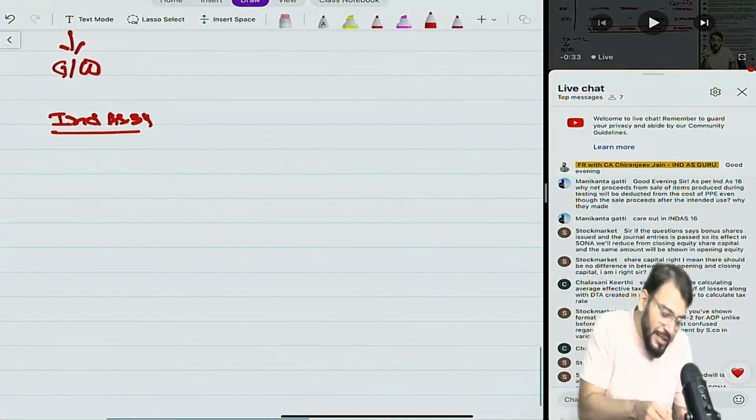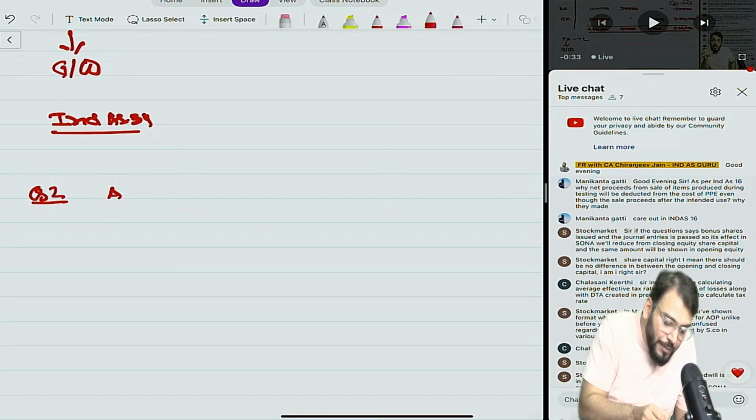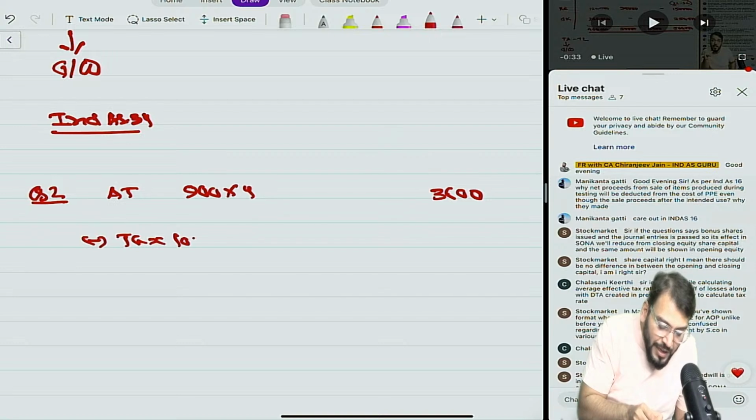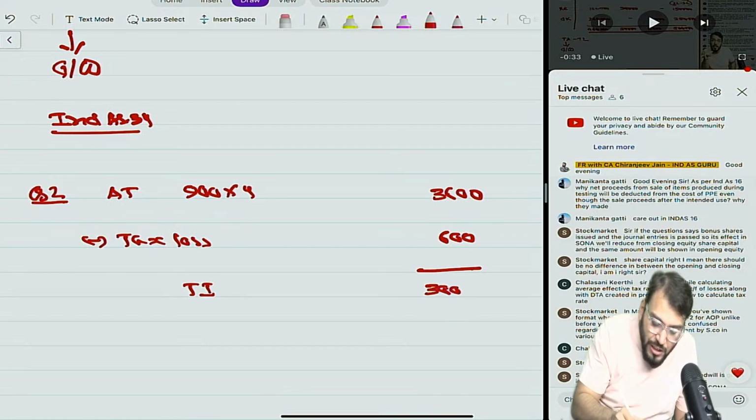In this case, first let us do as per the information given. What is the accounting income? Total accounting income is 900 into 4, that is 3600. From this we will minus tax losses. Tax losses given are 600. So the taxable income is 3000.